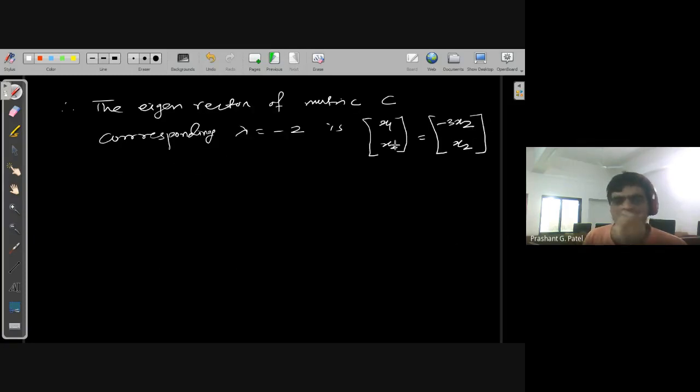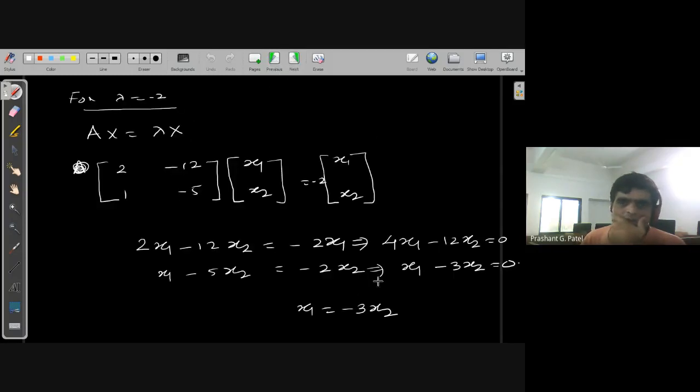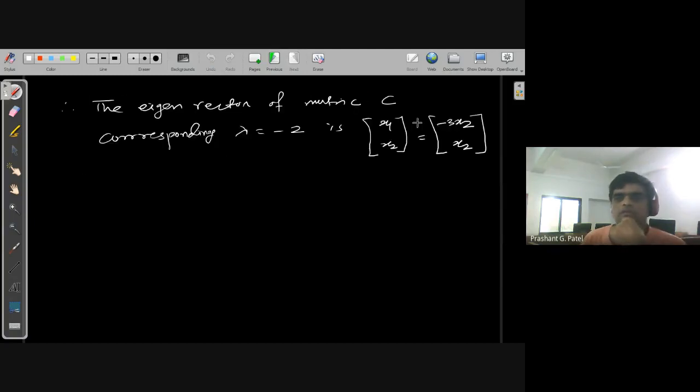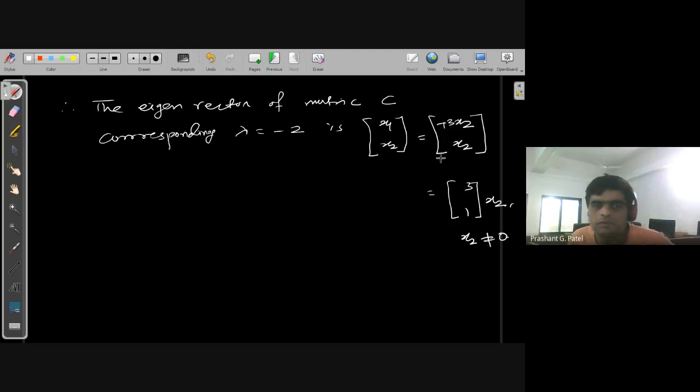Here it is plus, because x1 is equal to 3x2. So this gives me 3, 1 times x2. So the eigenvector is this, provided x2 is non-zero. This is one method of finding the dominant eigenvector, which you have probably learned in your linear algebra course.